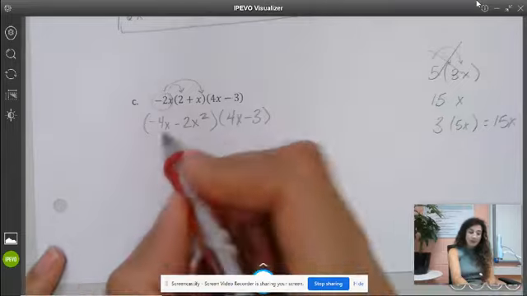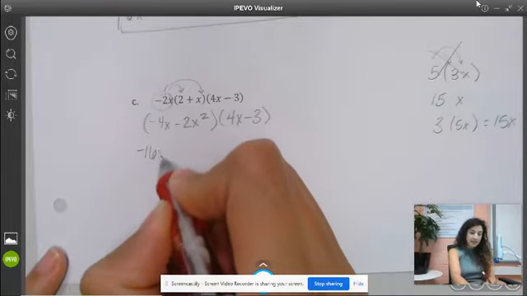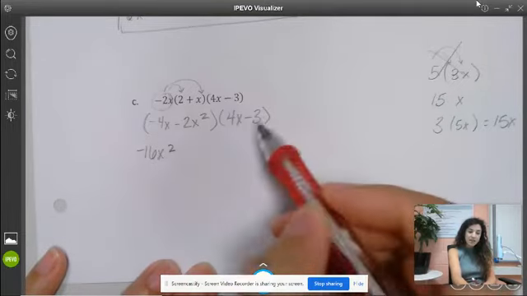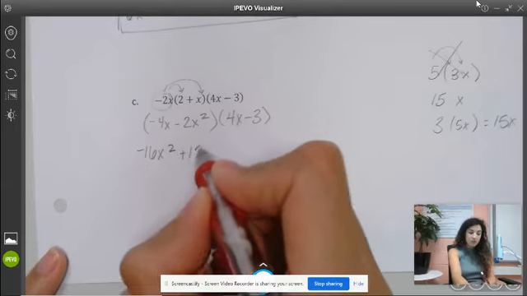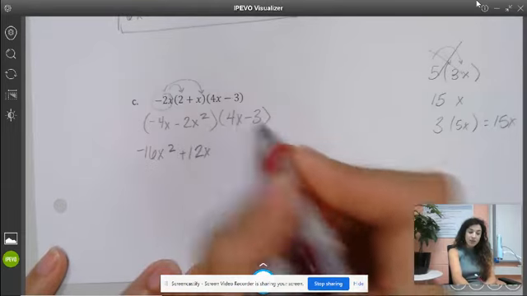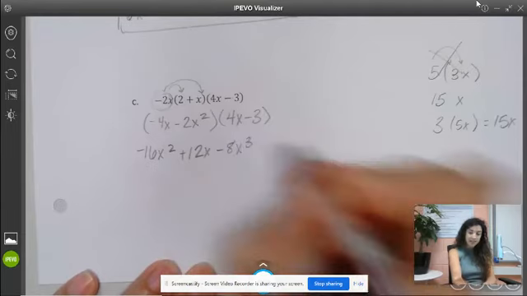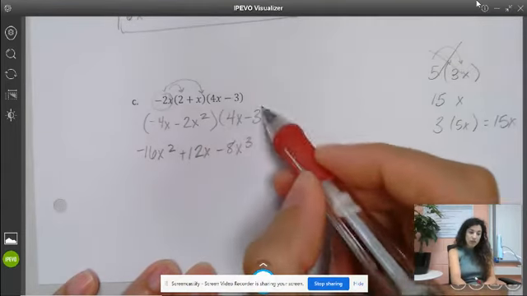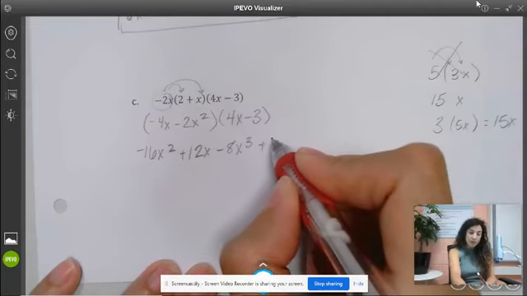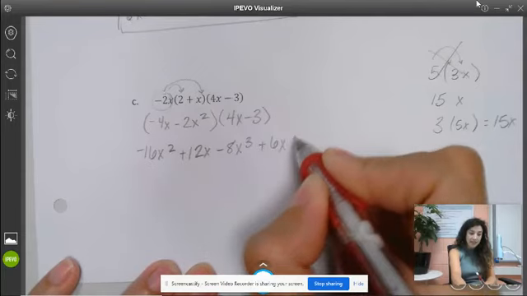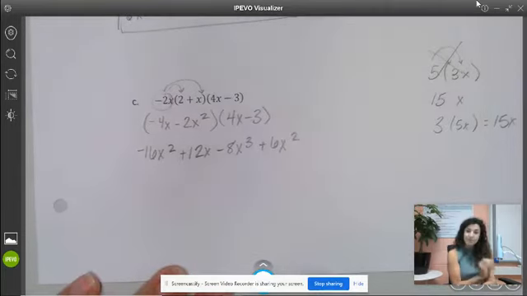Negative 4x times positive 4x, negative 16x squared. Negative 4x times negative 3, plus 12x. Negative 2x squared times 4x is minus 8x cubed. Negative 2x squared times negative 3 is going to become plus 6x squared.